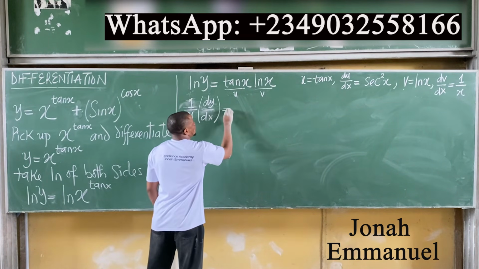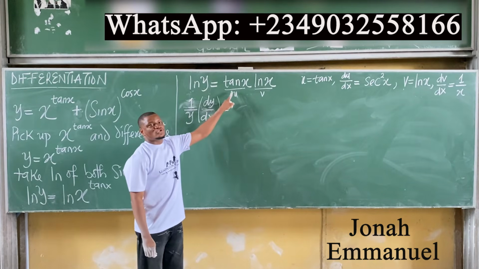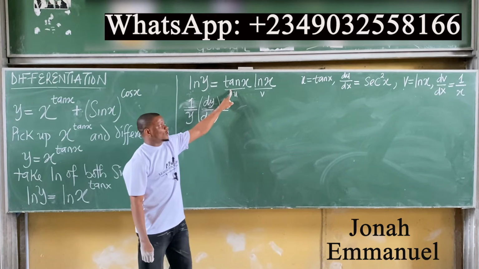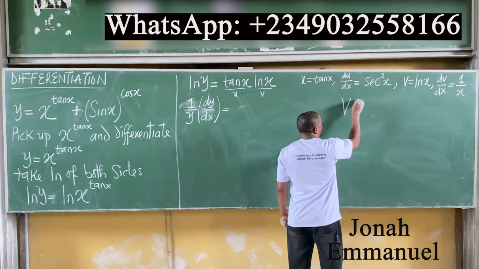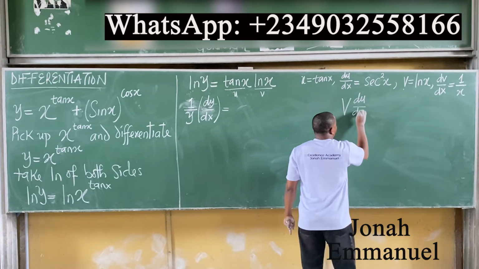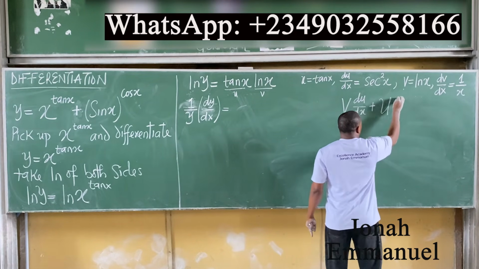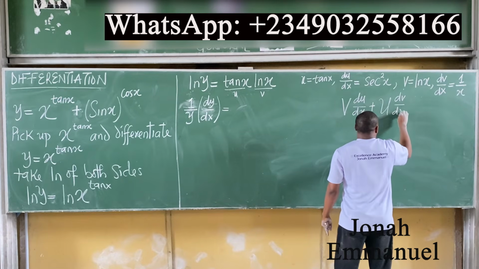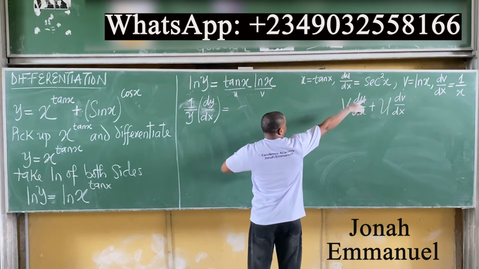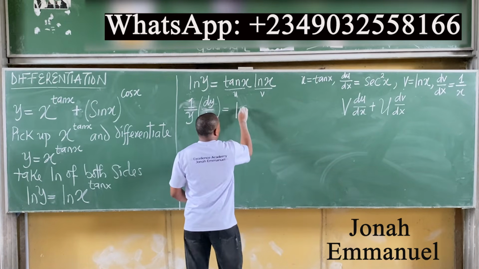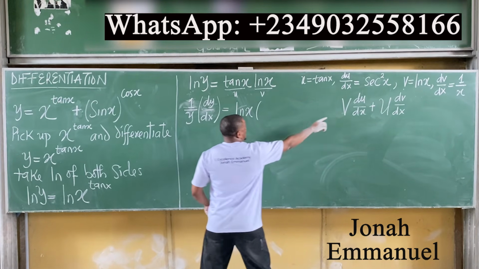It is equal to, differentiate this term here, you must use the product rule because this is multiplying this. What's the product rule there? v du/dx plus u dv/dx. Please help me out. What's v? V is ln x. What is du/dx?